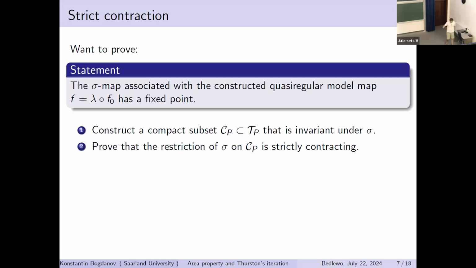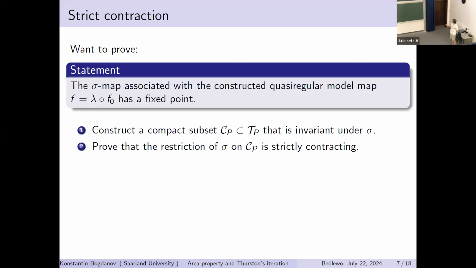Partially because of insights from the analogous constructions for the exponential or the polynomial of exponential, we could construct a compact subset C_P in the Teichmüller space, invariant under sigma, and prove that the restriction of sigma to C_P is strictly contracting. Then basically by the Banach fixed point theorem, there would follow the existence of a fixed point.